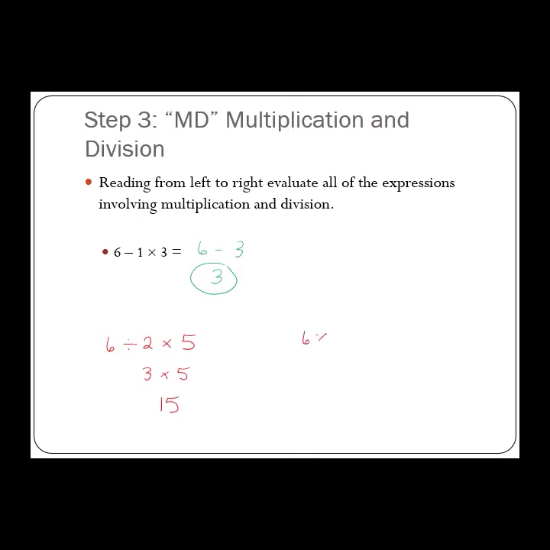If I have 6 times 2 divided by 4, 6 times 2 is 12, and then I'm going to divide by 4 and I get 3. So it's not that you do the multiplication first, it's that you do division and multiplication at the same time working from left to right.